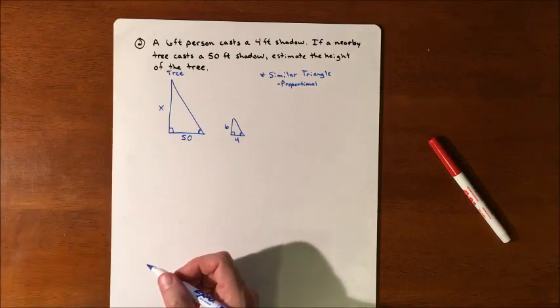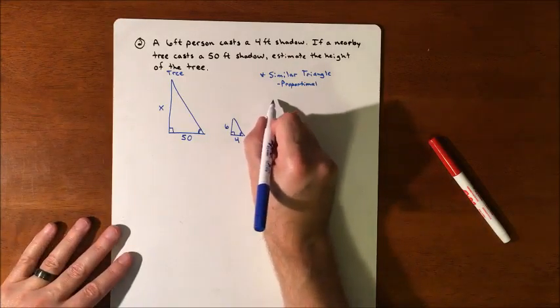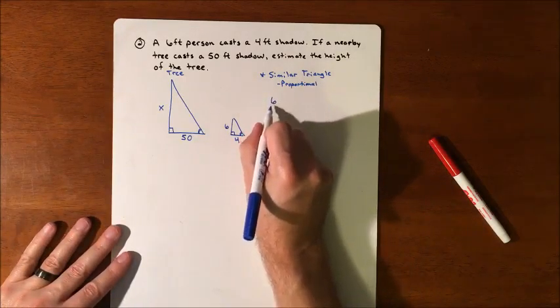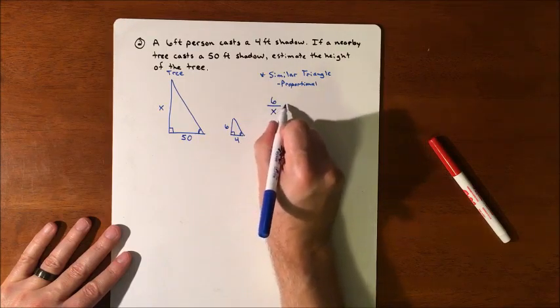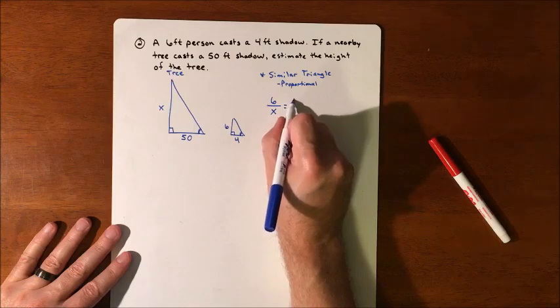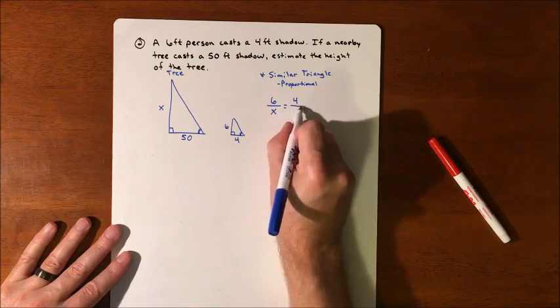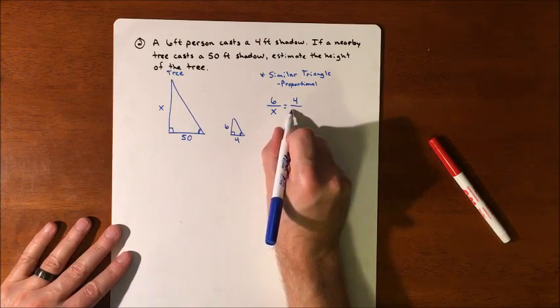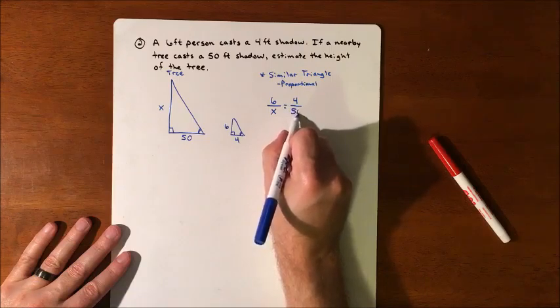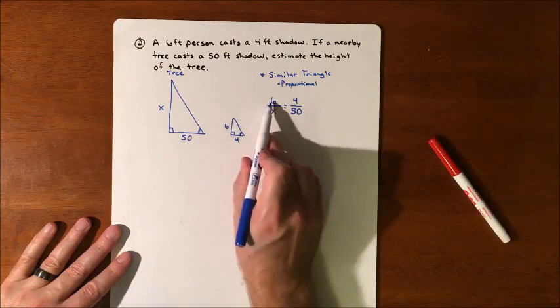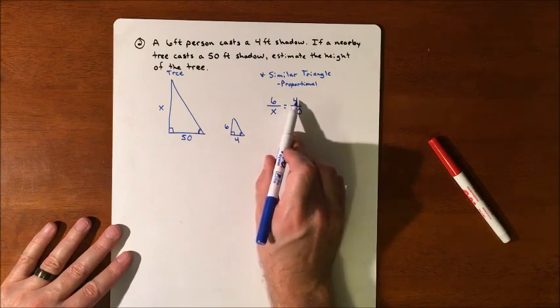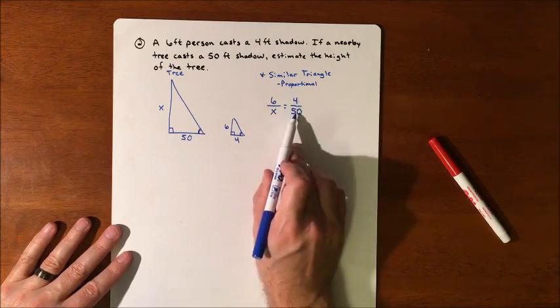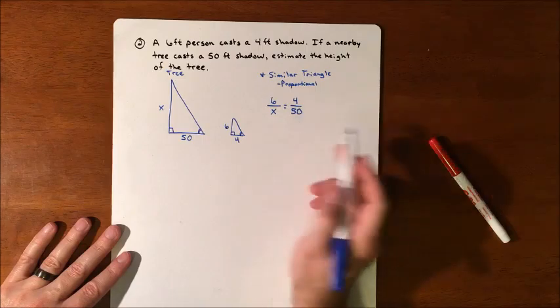So let's say the height of the person compared to the height of the tree is going to be proportional to the shadow of the person compared to the shadow of the tree. So height of the person compared to the height of the tree is proportional to the length of the shadow compared to the length of the shadow of the tree.